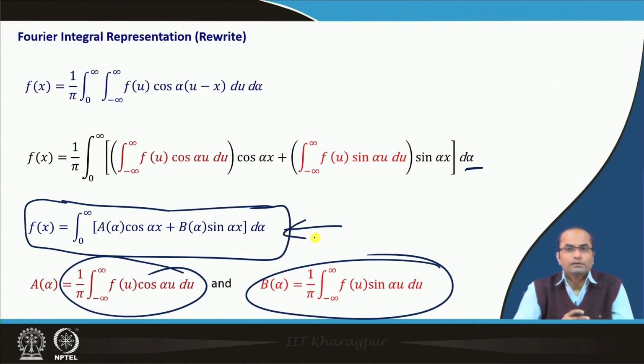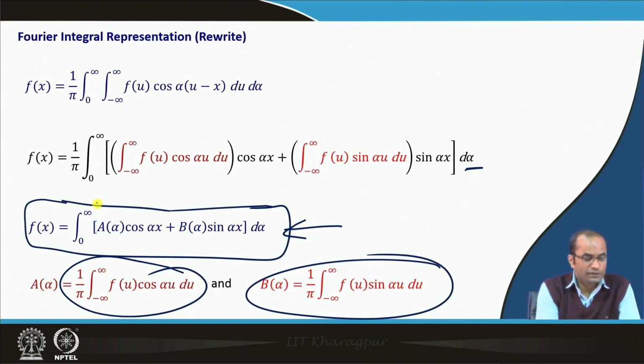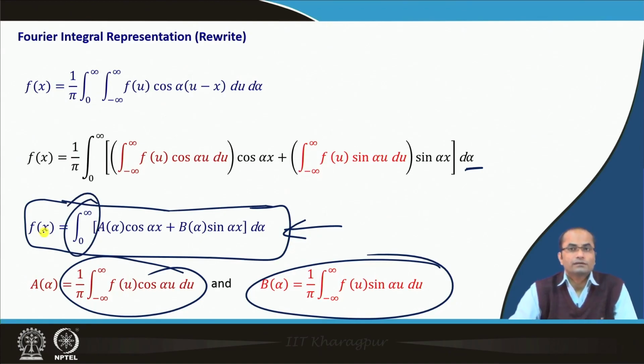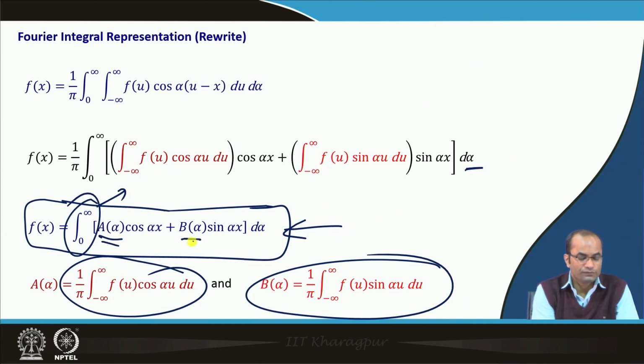If we take a closer look at this integral representation, we will realize that this is similar to what we have for the Fourier series. In the Fourier series, we have something here in the form of the summation, and there were Fourier coefficients a_n and b_n.